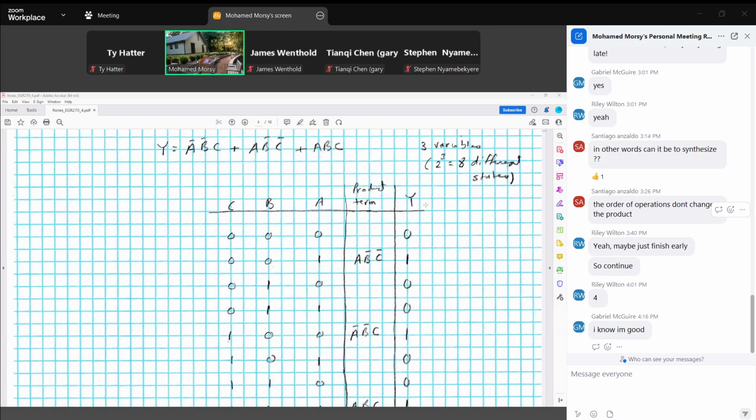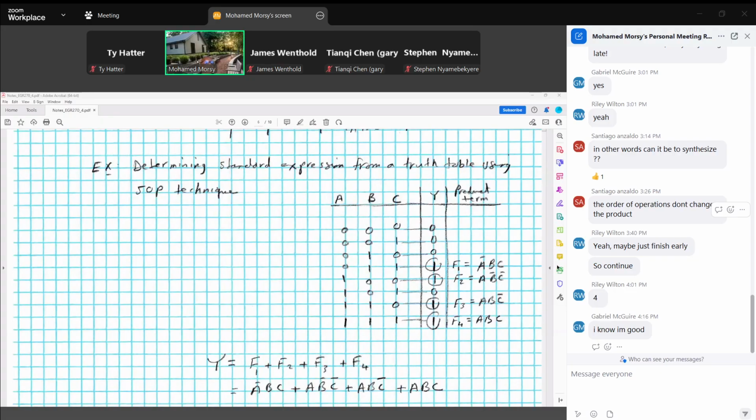Is F1 equal to ABC or something else? A inverted BC. Perfect. Thank you. What's your code? 7.